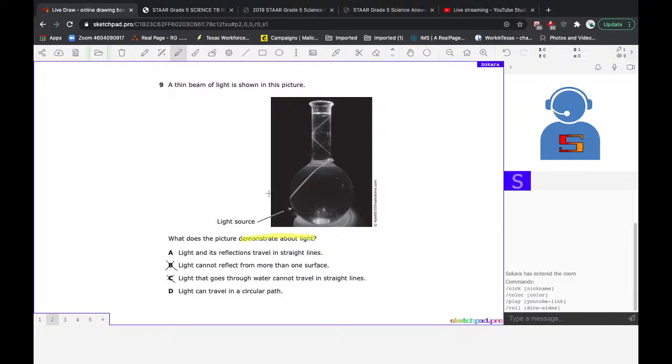Here it is not showing that light is traveling in a circular path, so that would also be incorrect, as light travels in a straight line. That leaves us with option A, and that is the correct answer for this problem.